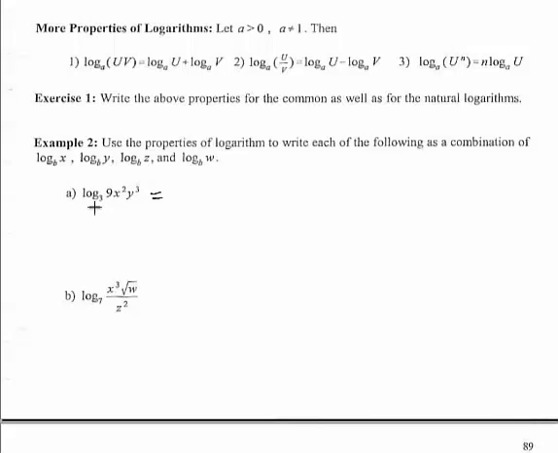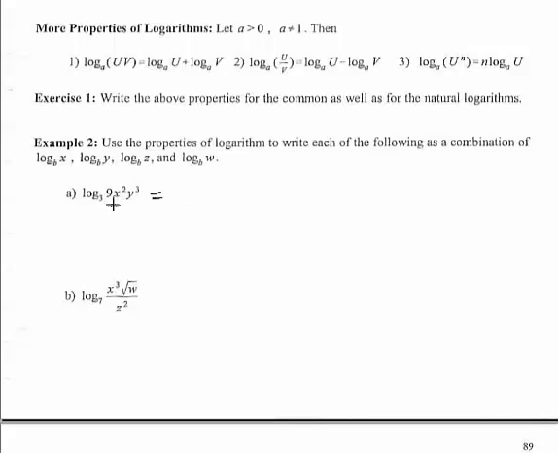So with a of example 2, we have a base of 3. So any other log function that we write out to the side will also have a base of 3. Okay, what is happening with the 9, the x squared, and the y to the third? Well, they're being multiplied. We basically have 3 factors here of our argument.